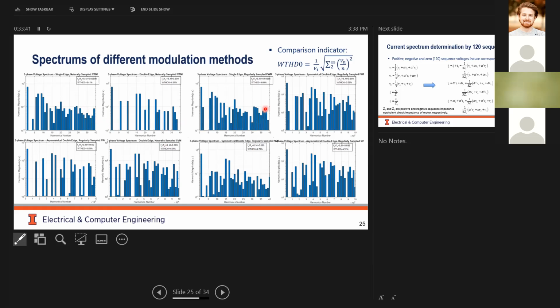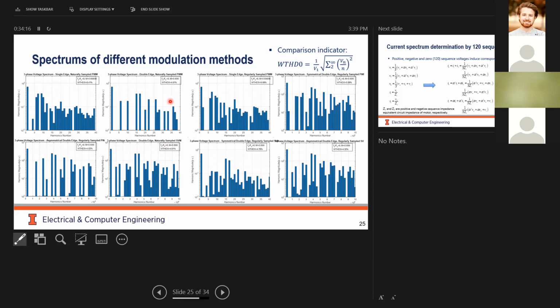We can see that the single edge sawtooth carrier is not very good. The weighted THD is relatively higher than the other categories. For example, this is 8.4%, this is 9.6%, while the other double edge algorithms are around 4.6 or 4.8.